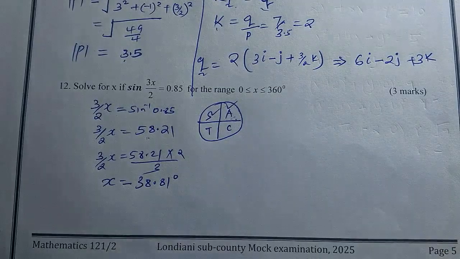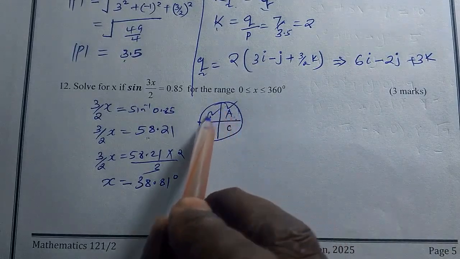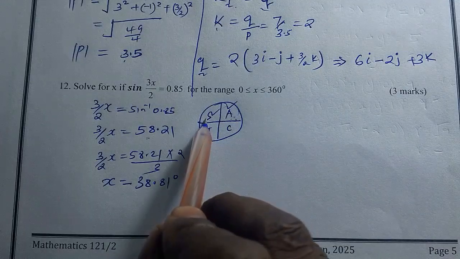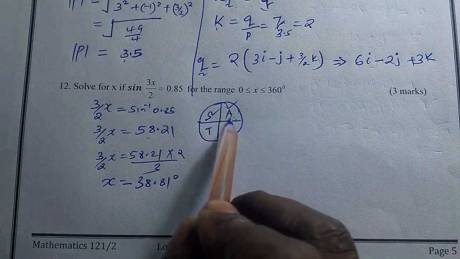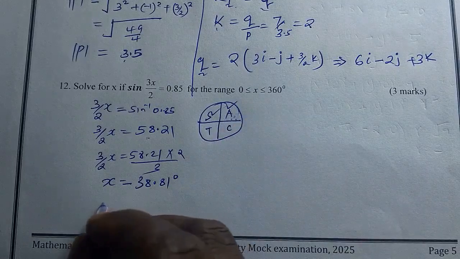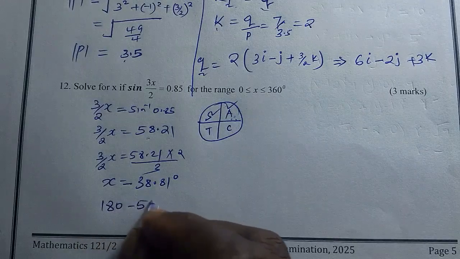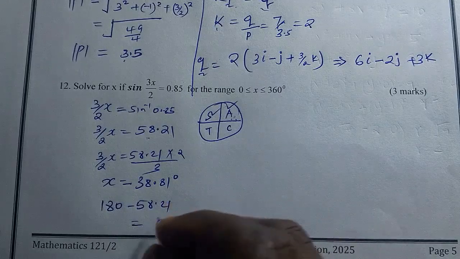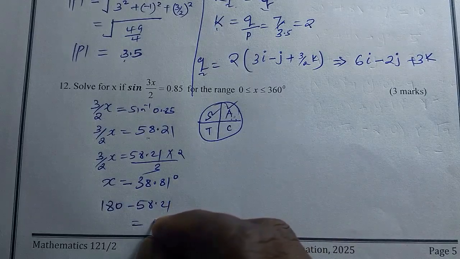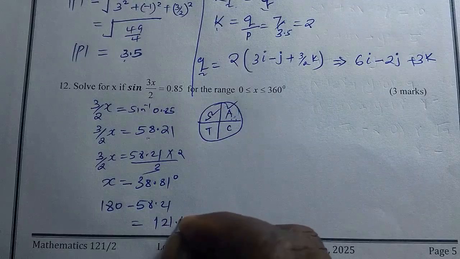The second one will be here, which is the second quadrant. It is 180 minus the value we got first. So 180 minus 58.21, and that is 121.79.